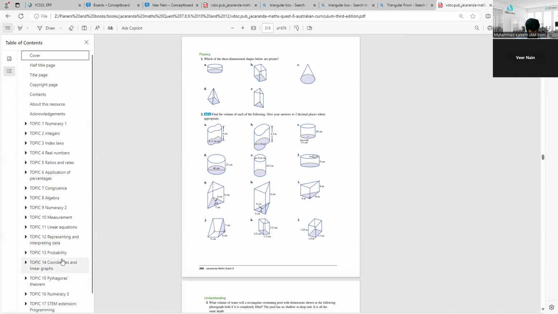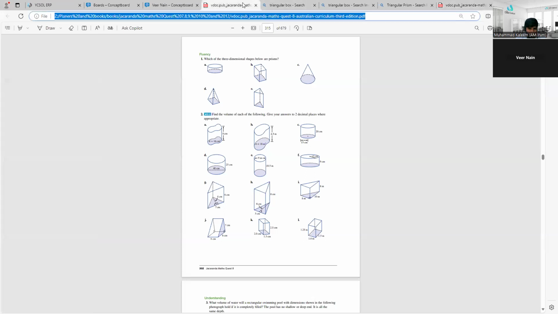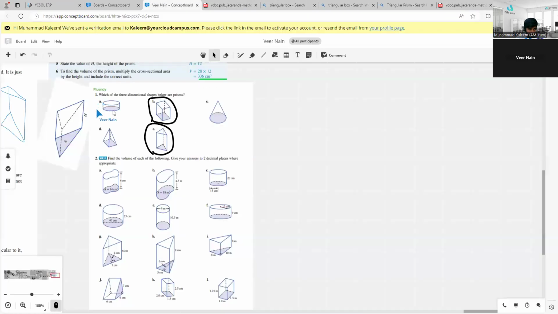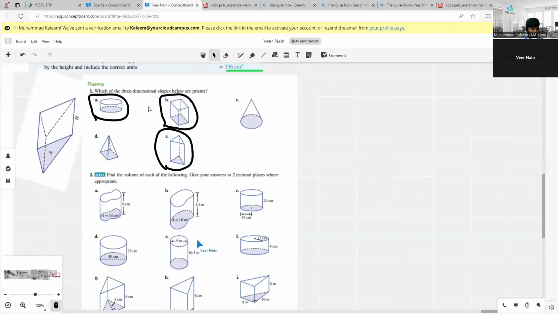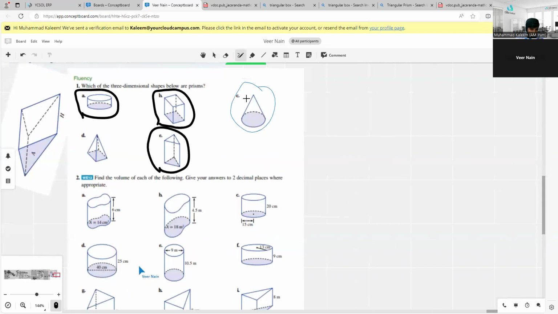You can pick any, I just want to know what page it's on. Which of the three-dimensional shapes below are prisms? So this one is not a prism, right? Yep, that's true.